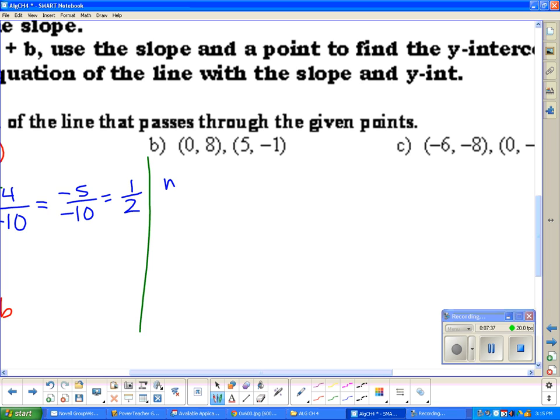So I'll start with this 8, and I'm going to subtract my other y right here, but since that's a negative, I need to make sure I put a minus -1. And then because I picked this 8 first, I better pick my 0 first for x, so 0 minus 5. So I'll get 8 minus a -1, so that's going to be 8 plus 1, so I'll get 9 over 0 minus 5 is -5, which is -9 over 5.